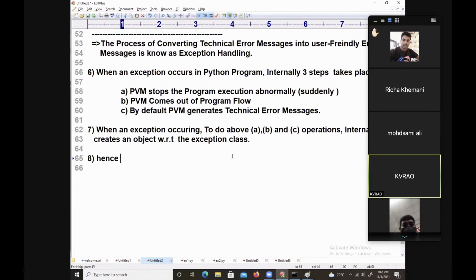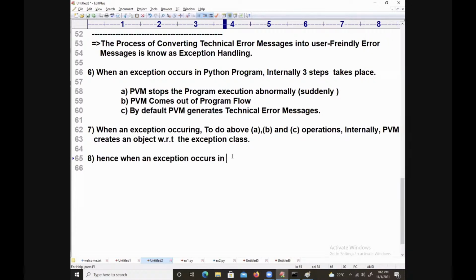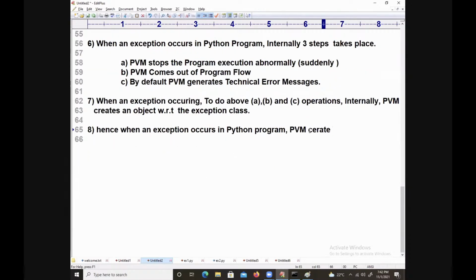Hence, when an exception occurs in a Python program, PVM creates an object of the appropriate exception class.